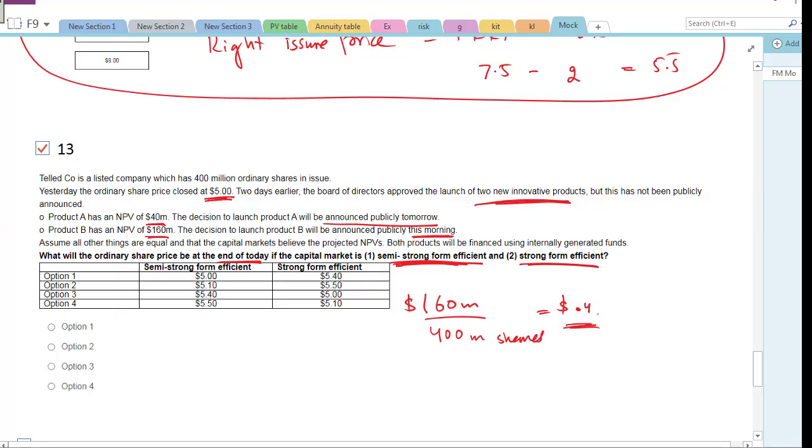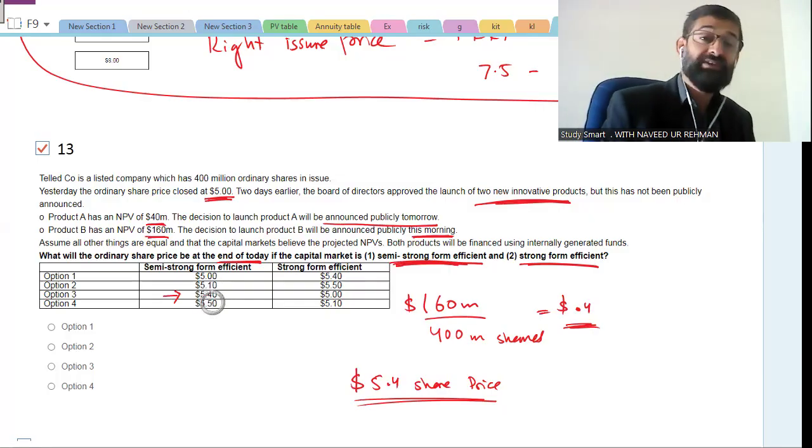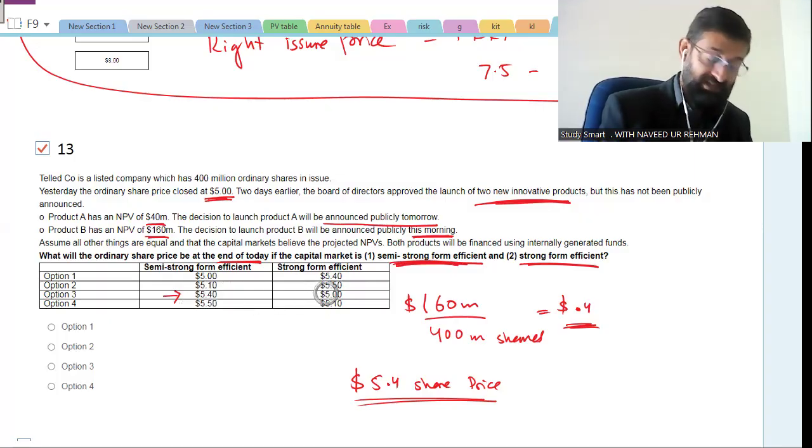So it means that the semi-strong efficient market will give us a $5.4 share price by the end of today. So which one is this? Option 3. Now look, if this is option 3, we don't have to do the next calculation, okay?